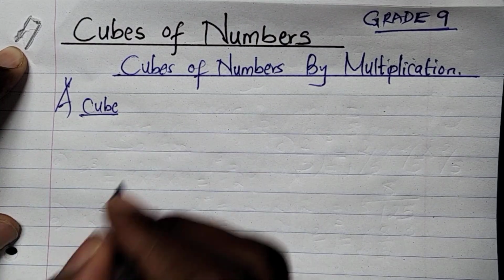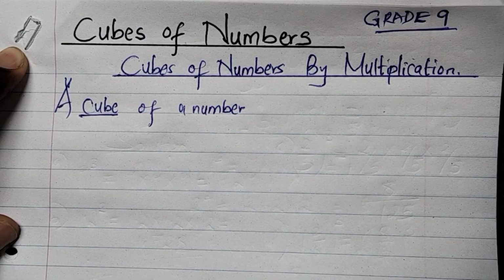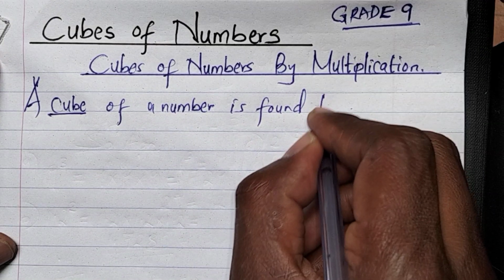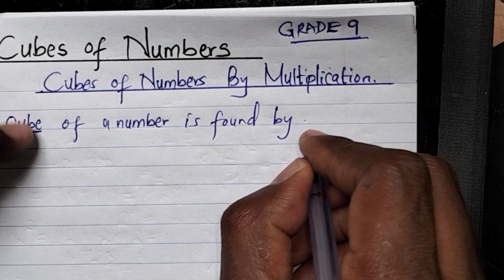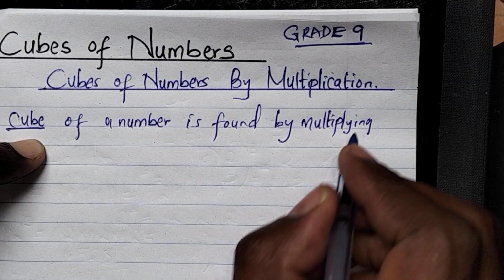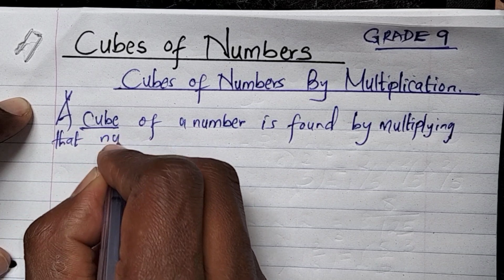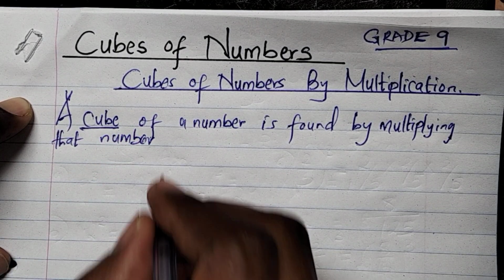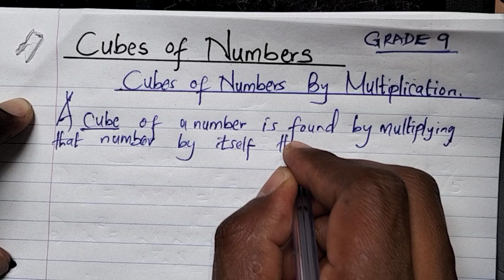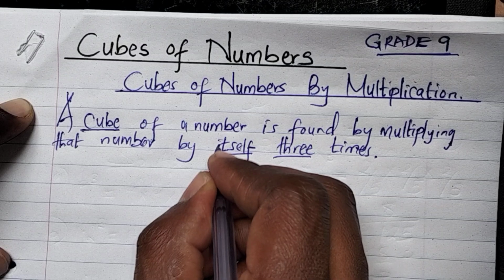A cube of a number, you can write with me, is found by multiplying that number by itself 3 times. You multiply the number by itself 3 times.